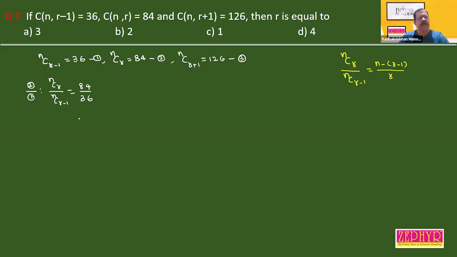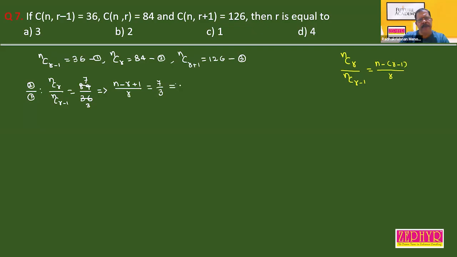Okay. When you divide, 12 into 7, that is 84, is it not? So 7 by 3. nCr by nC(r minus 1), numerator is (n minus r plus 1) divided by r, which is equal to 7 by 3.